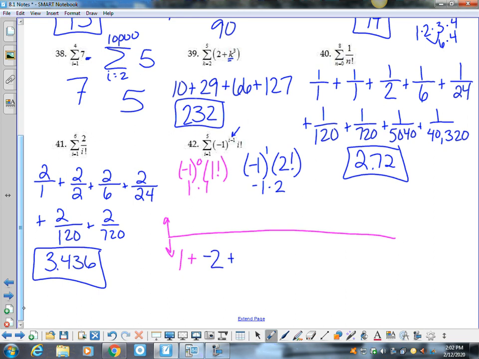Now I'm going to plug in a 3. So negative 1 to the 3 minus 1 would be 2, times 3 factorial. And again, I encourage you to pause this if it's going too fast. Negative 1 squared is 1, and 3 factorial is 6.